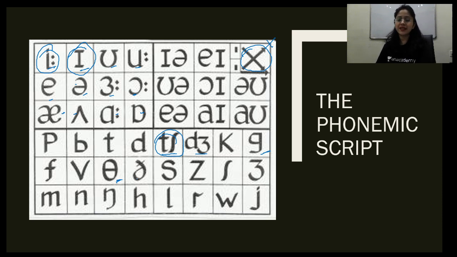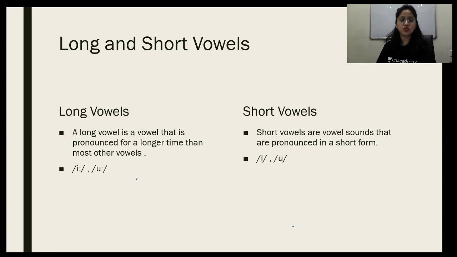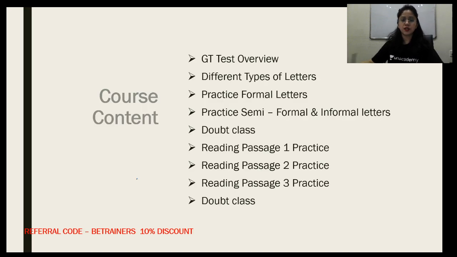Alright, so now let's move ahead and let me tell you about what I'm going to do from today onwards on the Unacademy live platform, where I will be taking live classes for general training students. We are doing a specific GT course. The GT course would cover the general training test overview, the different types of letters, practicing formal letters, practicing semi-formal and informal letters, a doubt class where we would discuss all your queries, reading passage 1 practice, reading passage 2 practice, reading passage 3 practice, and again a doubt class to discuss your problems.